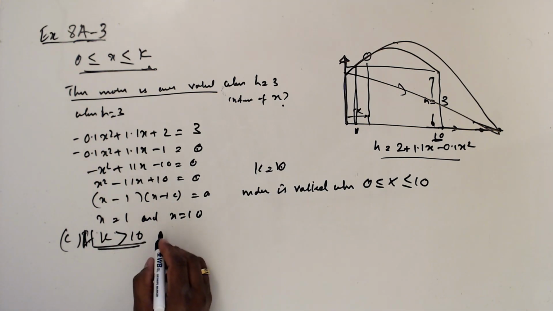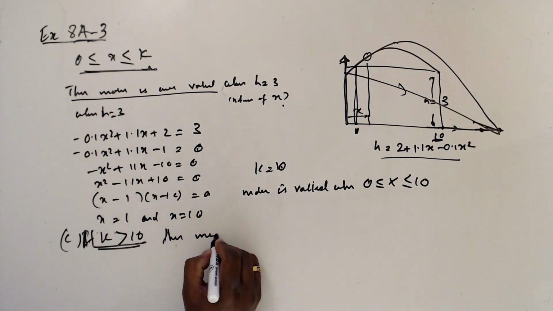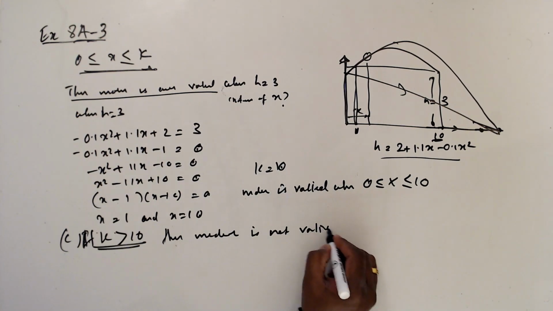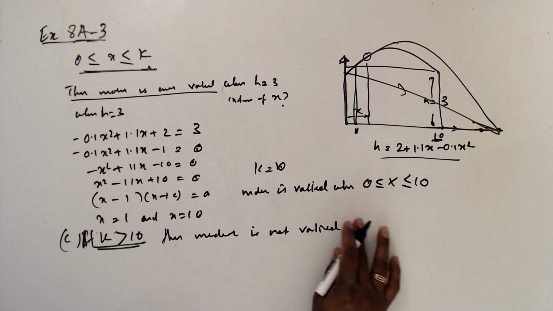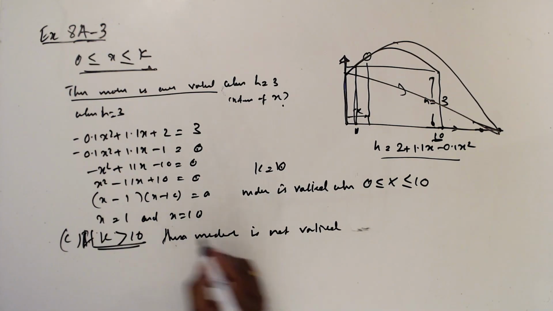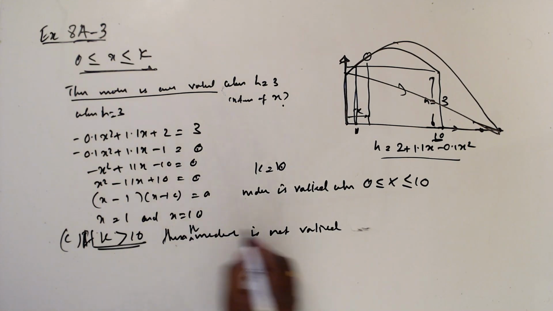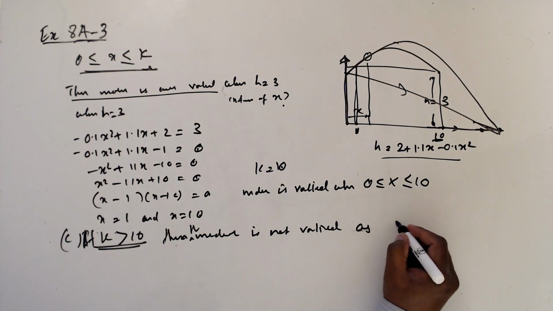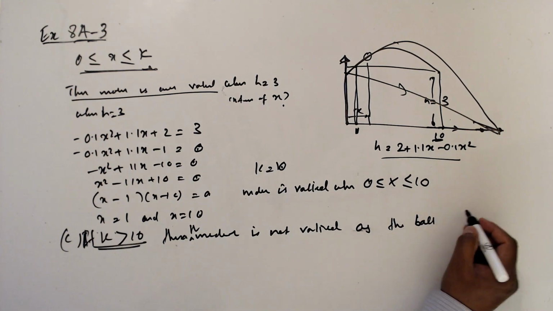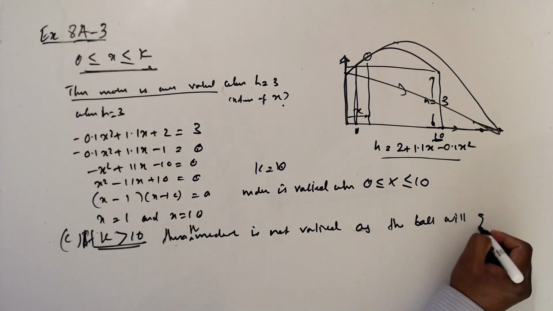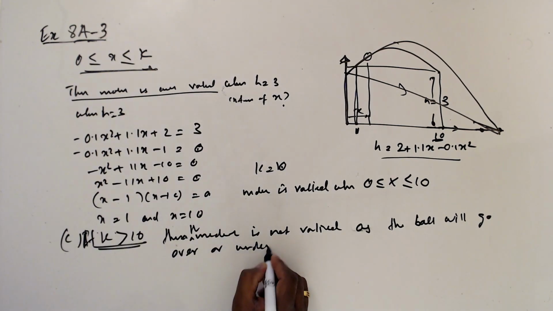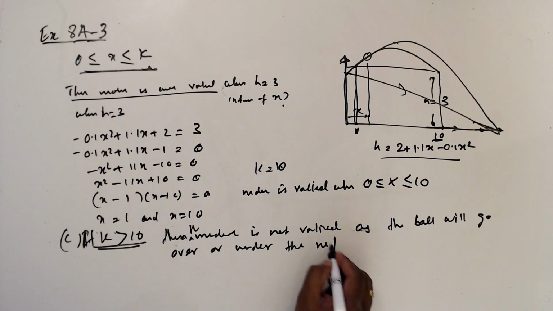If x is greater than k, the model is not valid, as the ball will go over or under the net.